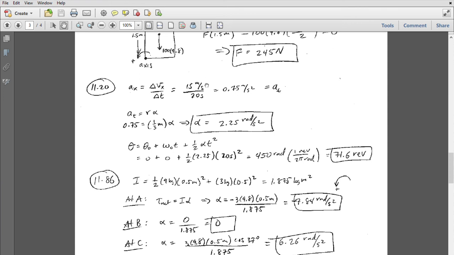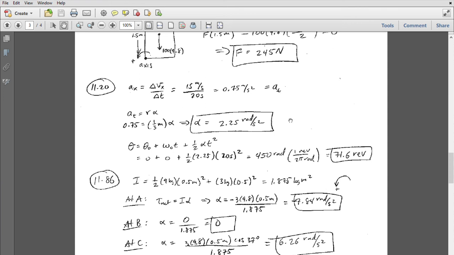And then I could have gotten the angular acceleration by using kinematics: omega final equals omega initial plus alpha times t, and that t is 20 seconds. Using those values, we could have gotten the alpha. So that's probably a less confusing way than the way I've explained it right here.